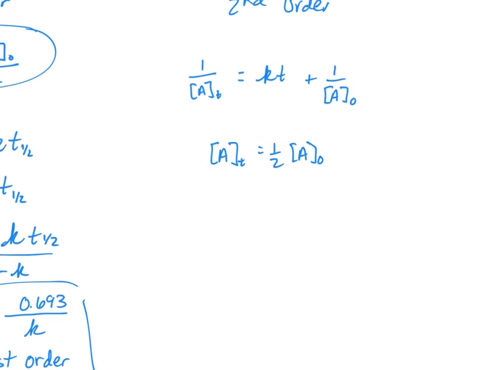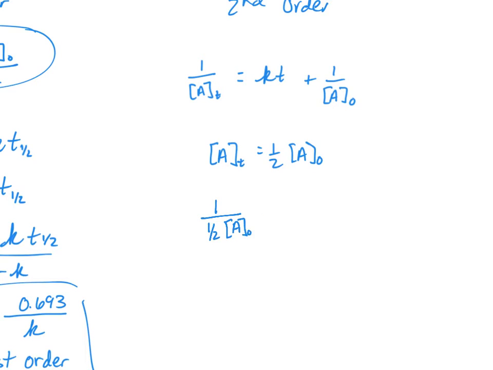And so we'll have 1 over 1/2 A at time 0 is equal to K times T plus 1 over A at time 0. And now we're saying this is the half-life. So this is 2 over A at time 0.